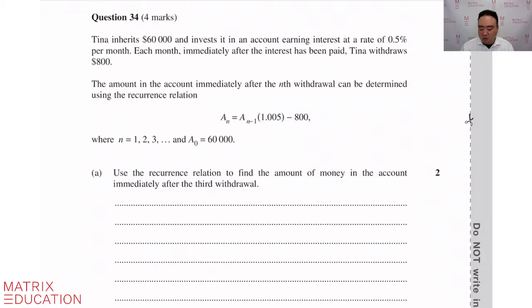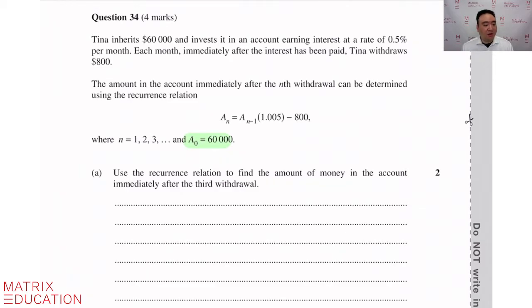In this question, I think it is fairly clear what it tells you to do. It said inherits $60,000, so the first money that goes in would be $60,000. Then after every month, the money accumulates interest, and only after it accumulates the interest, she withdraws $800.